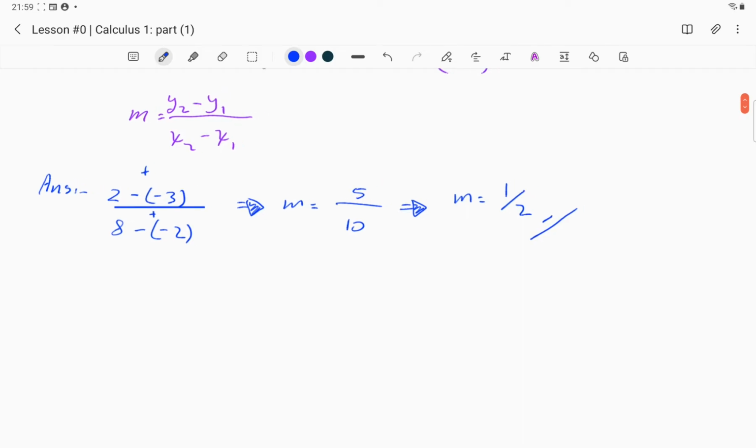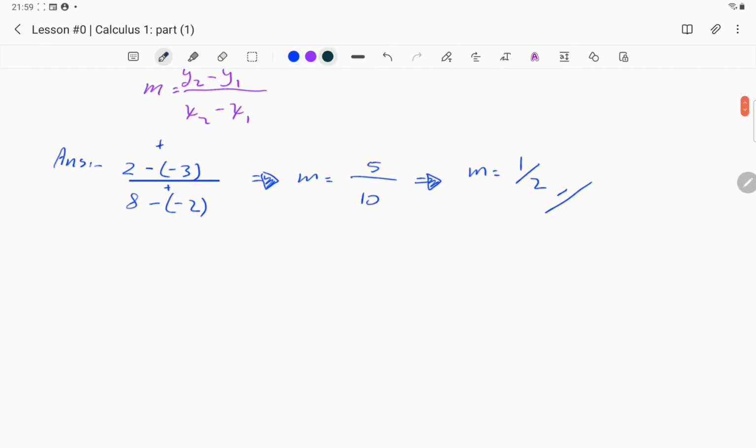And if you want to graph it, let's go ahead and graph it real quick, just a quick one. I'm not going to go through naming the points and all that.